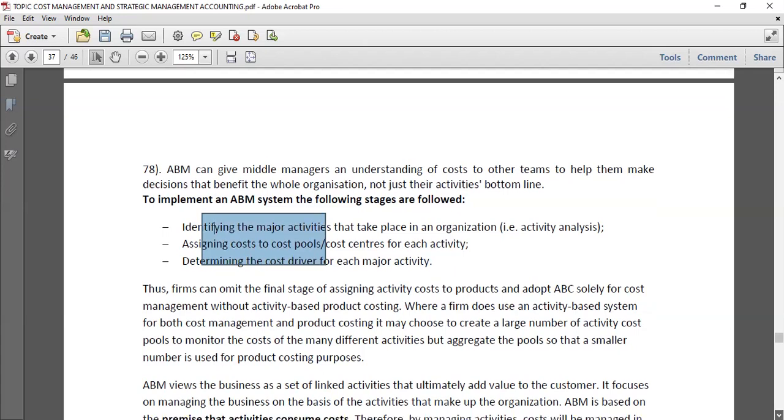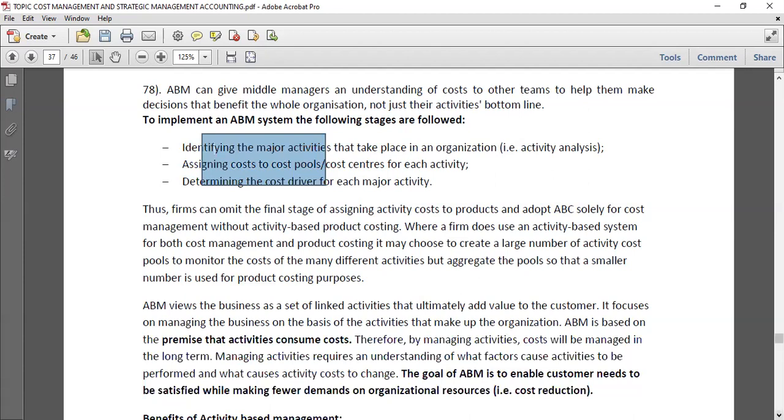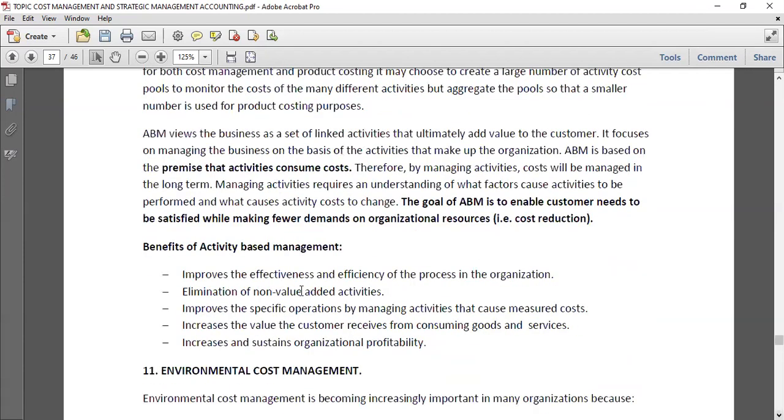So we also have benefits of ABM that you can look at, very similar to the benefits of ABC. One of those, of course, is that it improves efficiency and effectiveness.